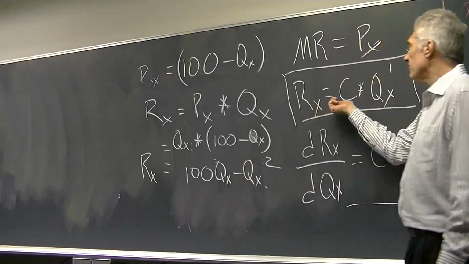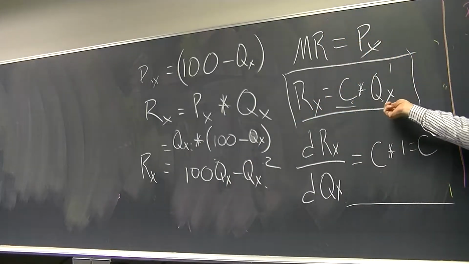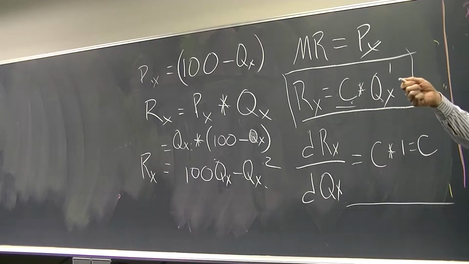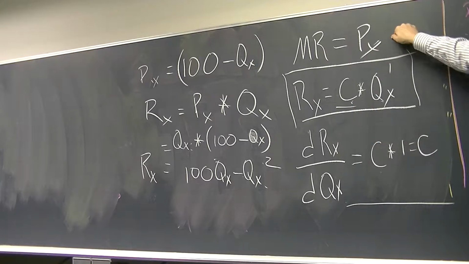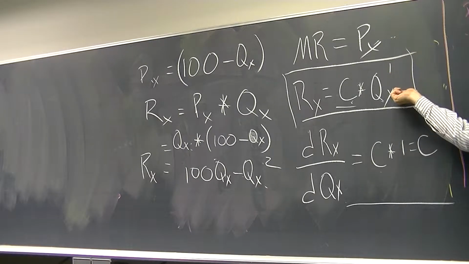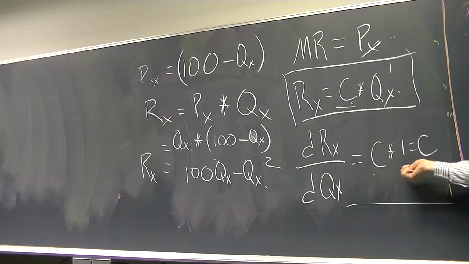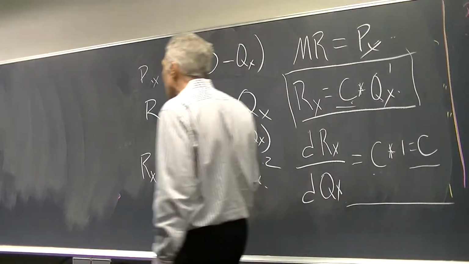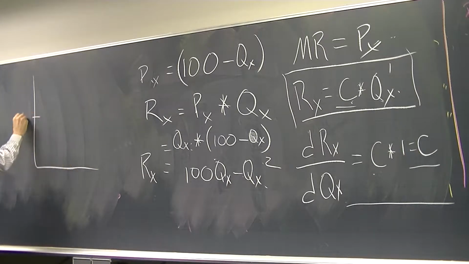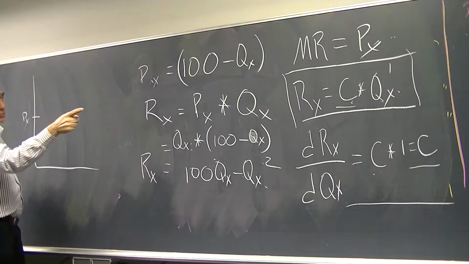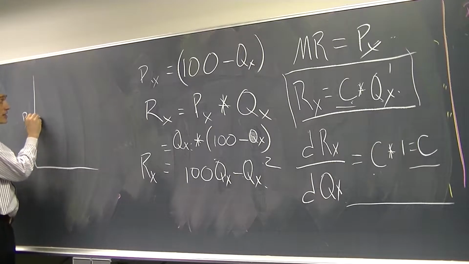This firm faces a linear revenue curve. So the marginal revenue is just the constant, which is the price. The marginal revenue is the price. That mathematically shows it. We take the derivative and we just get C. So that's why, when we say that the marginal revenue is flat, it's because our revenue curve is linear.